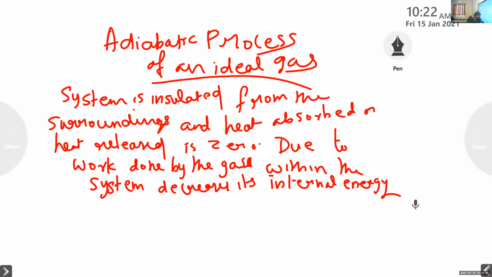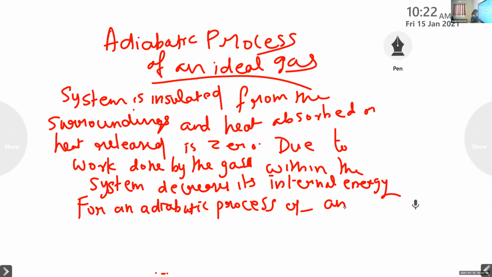Therefore, for an adiabatic process of an ideal gas, PV^gamma, so this is volume raised to the power of the letter gamma.